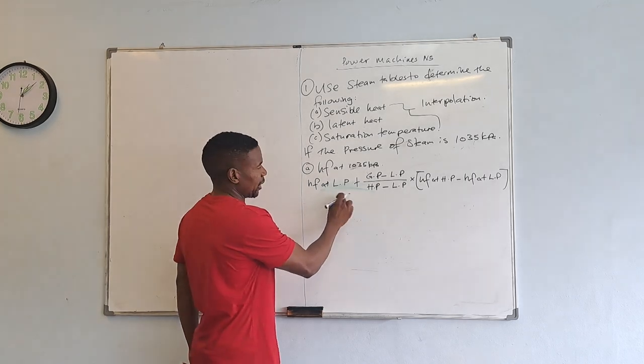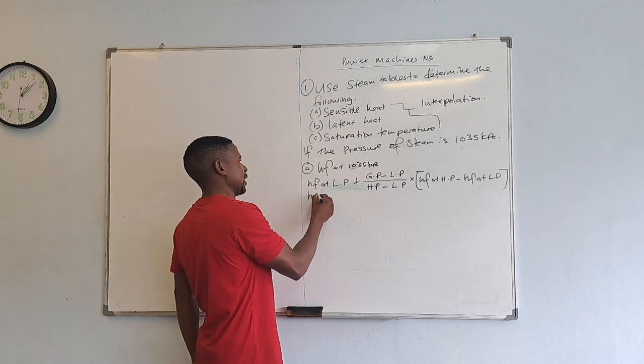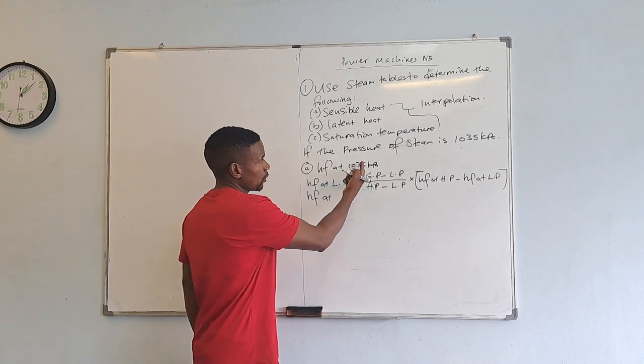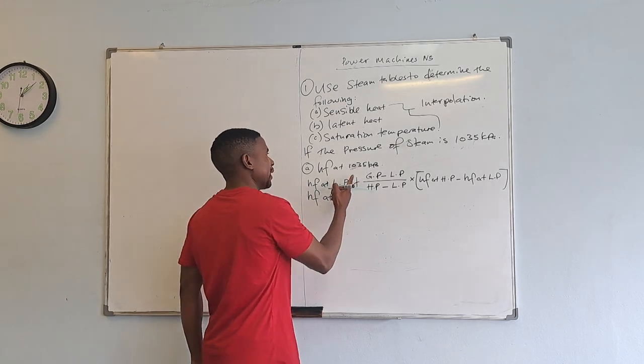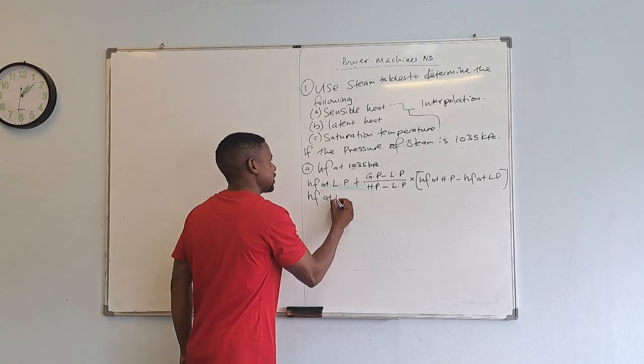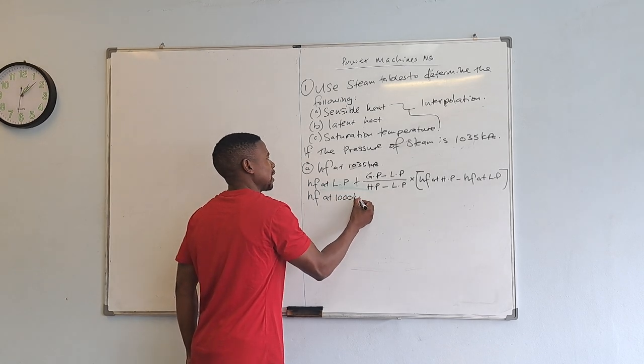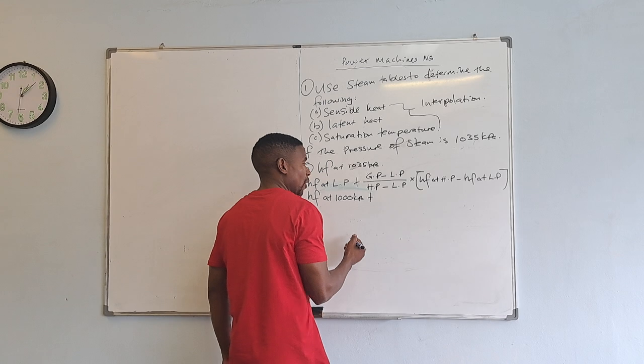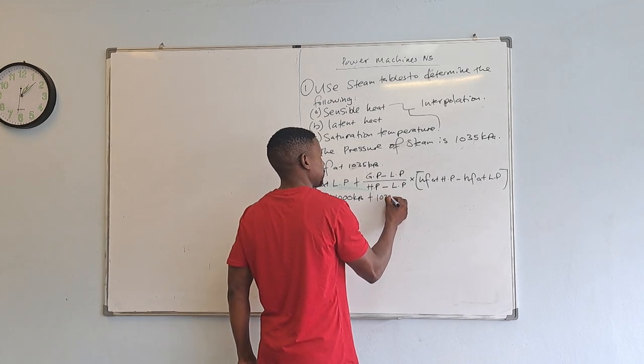What am I saying when I say at low pressure? We are simply saying you need to go into a steam table for our lower pressure, because we don't have 1035, but 1035 on the lower side is closer to 1000 kilopascal. Plus, what's our given pressure? Our given pressure is 1035.